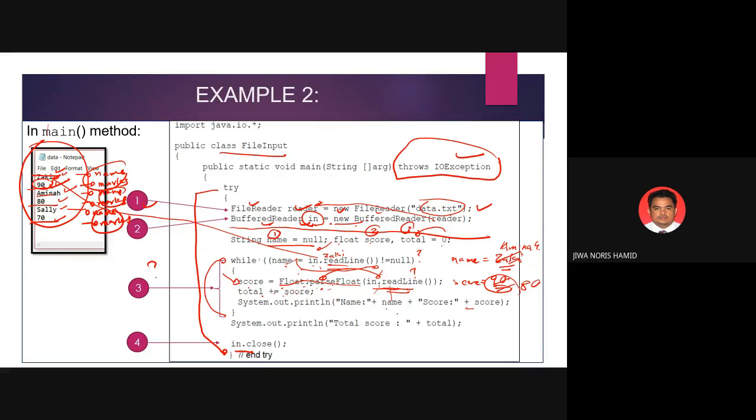Dan dia akan display name adalah Aminah and then score adalah 80. Bila dia repeat pula, because dia dah baca Aminah dengan 80, dia akan check adakah name equal to in.readLine, adakah sama dengan Sally, dia akan assign ke name, adakah not equal to null, jadi latest value adalah Sally and then this one is 70. Jadi all together will be 240 if I'm not mistaken. Clear or not clear? Faham ke tak faham? Clear. And then finally baru dia akan display total.